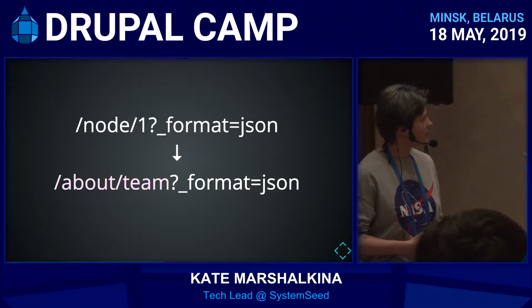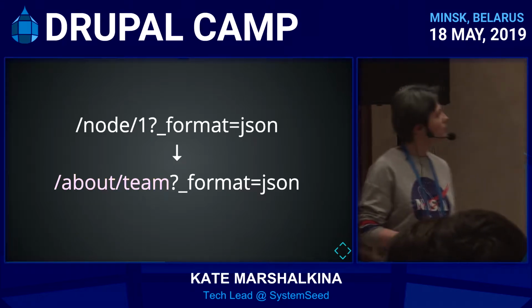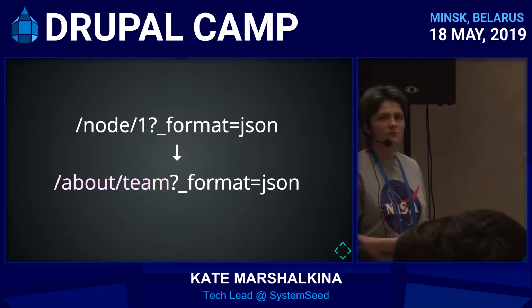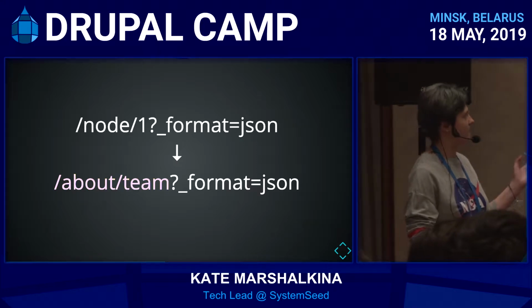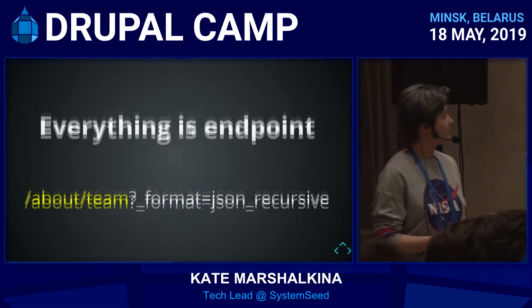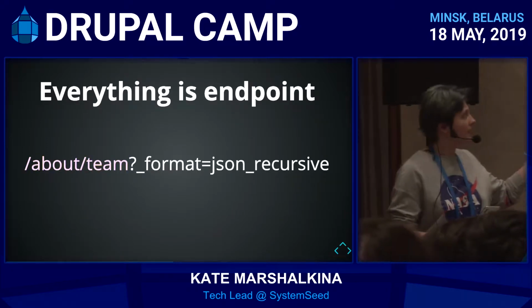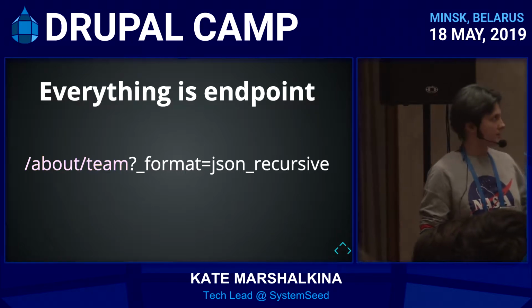So look at that second path. It doesn't really look like a common API endpoint. It doesn't have any API prefix or something, but actually it is. So this is a valid API request using REST entity recursive.